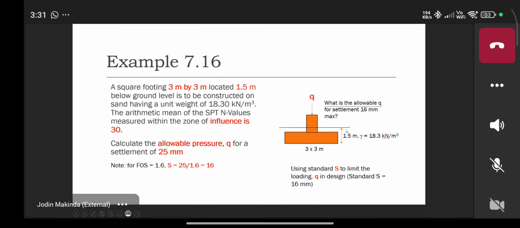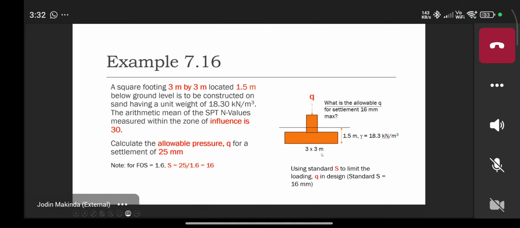The size is 3 by 3 footing, constructed on sand. Unit weight 18.3. SPT value 30. Calculate the allowable pressure Q for settlement of 25. If we are using factor of safety 1.6, the settlement is 25 divided by 1.6, which is 16.